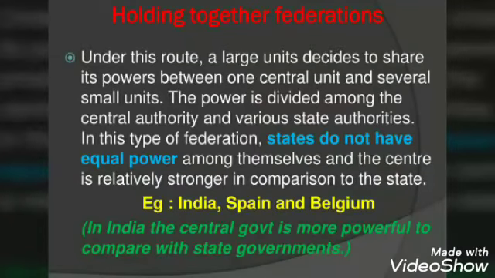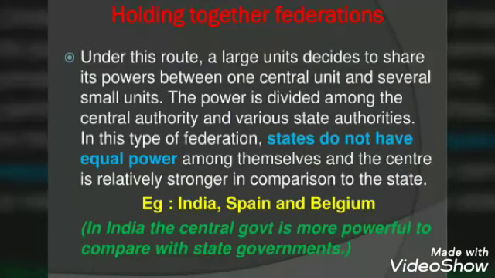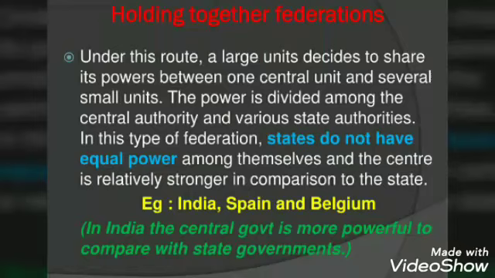If we take the names of a few countries which are part of the holding together federation, the very first is India, then Spain, Belgium. They all form holding together federations.